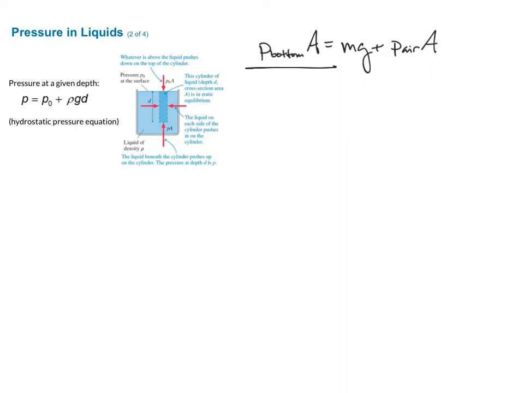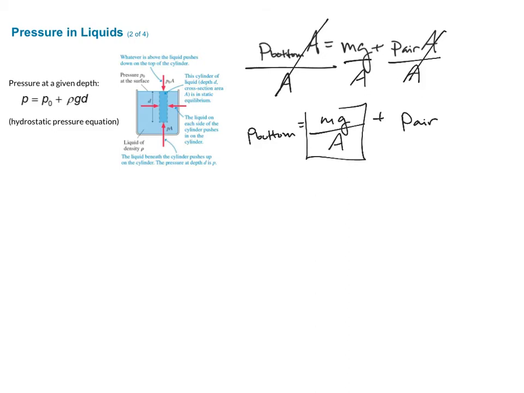So let's do that. Divide by A, divide by A, divide by A, because remember, you got to divide by A everywhere. So those cancel out. You get pressure at the bottom equals mg over A, plus those A's cancel out. You get the pressure of the air, which is cool. But we've got this term in here, mg over A, that we got to deal with.